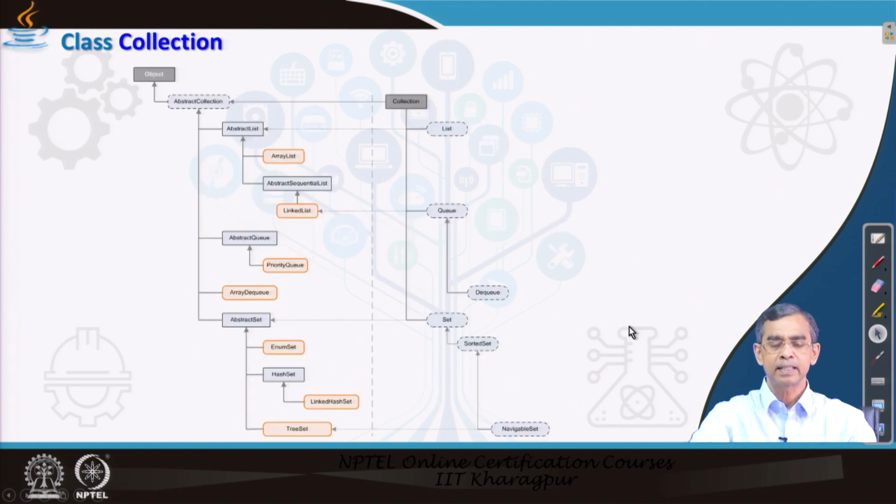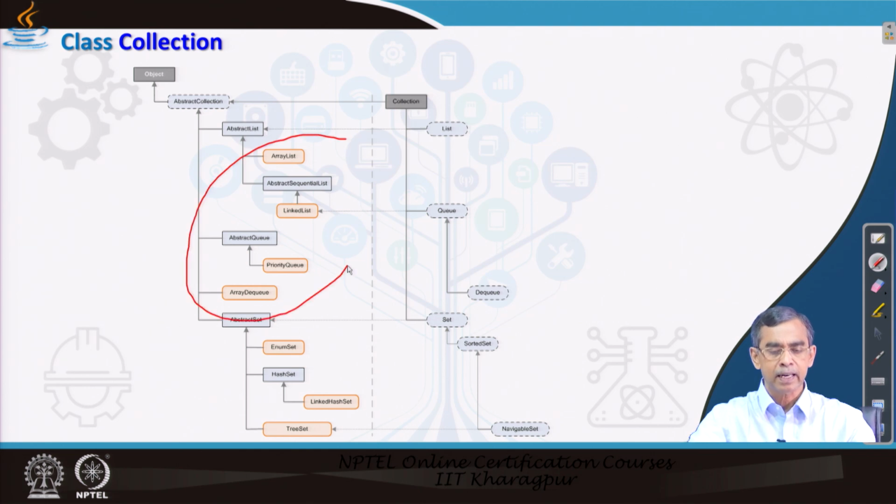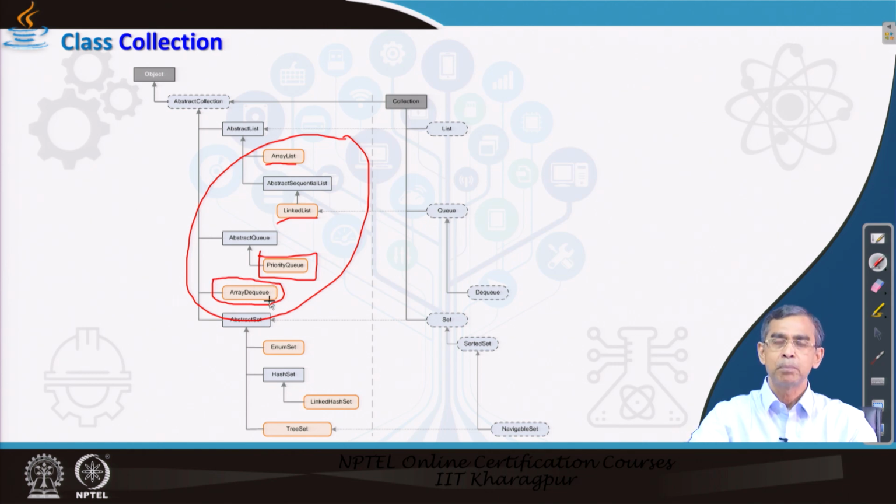I just want to mention the different classes. As we have already mentioned, these are the different classes. All these classes can be better understood while we discuss the corresponding data structure. For example, here ArrayList is the class to deal with arrays, LinkedList is the class to deal with the linked list concept in data structures. PriorityQueue is basically the data structure related to queue operations. ArrayDeque basically represents the queue in the form of an array, but with the restriction that insertion and deletion can be done only at the ends, not from the middle.